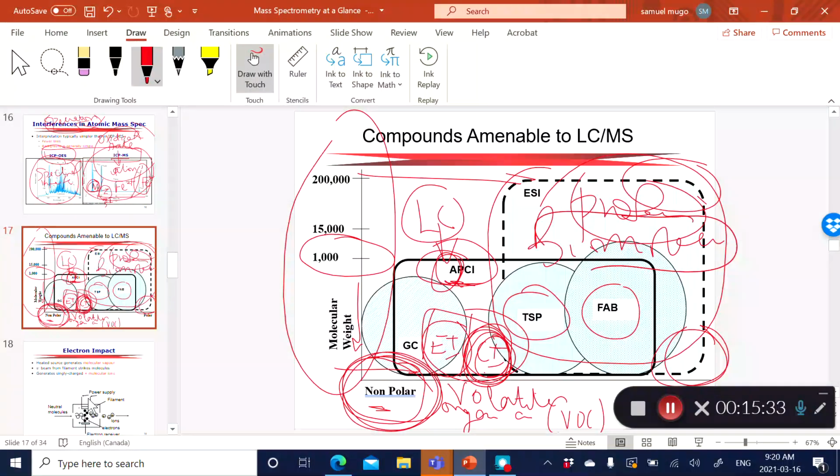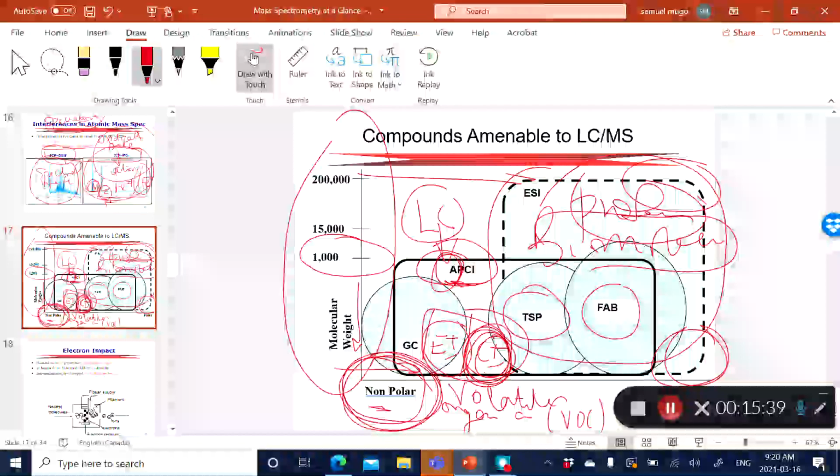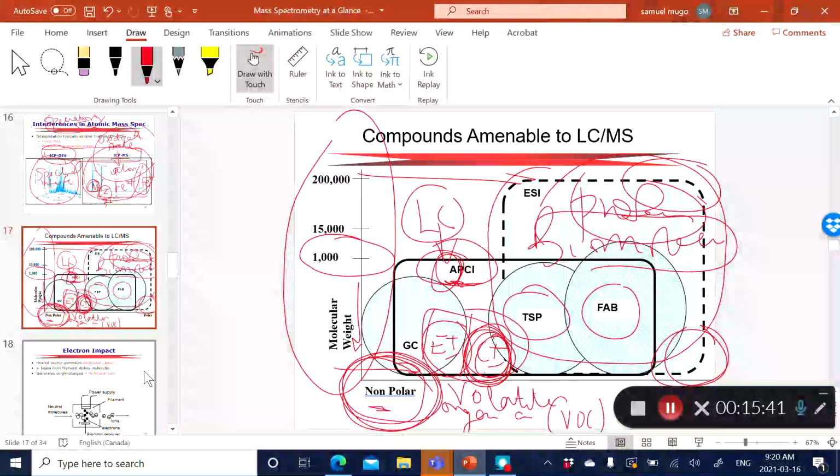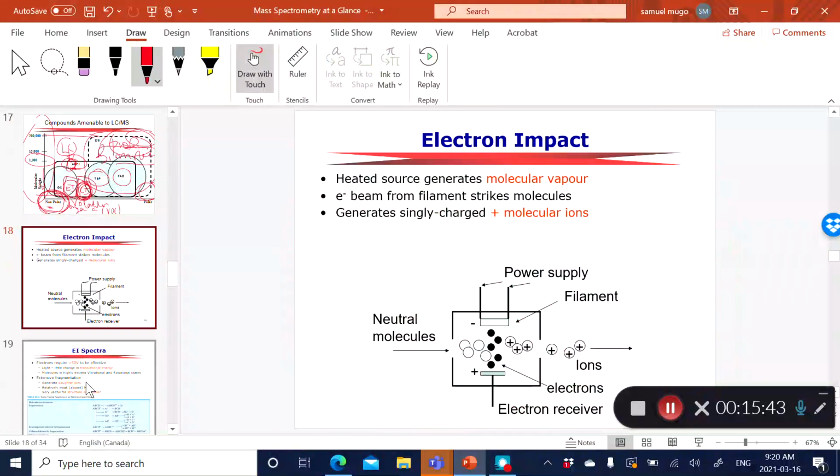Because, of course, biomolecules can be big molecules, and also they can be fairly small molecules, but in general, they are fairly polar as well. So let me very quickly talk about how each of these ionization techniques works, in terms of the mechanisms. And again, mechanisms are key, because that's the only way you can apply.